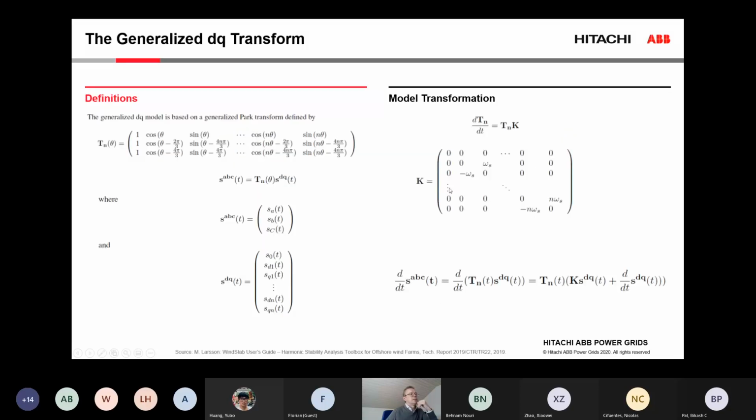And this K matrix is basically derived from the chain rule that we need to apply. So you can set up a K matrix where you have 0, 0 in the top left corner, and here you would have the synchronous frequency until you get to N times the synchronous frequency.